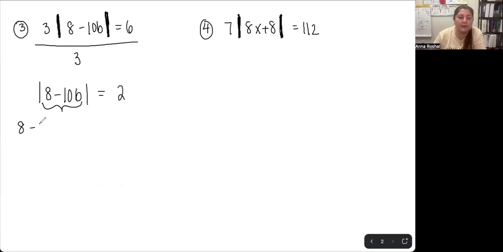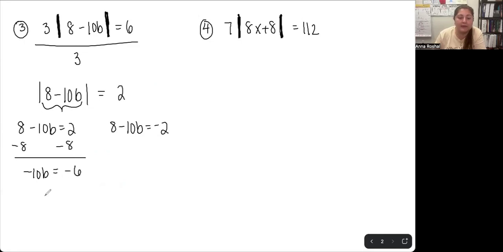Then I'm going to end up with 8 minus 10b equals 2 and 8 minus 10b equals -2. Subtract 8 from both sides. Simplify everything, so this will be -6. Divide everything by -10. B is going to be equal to, actually positive because they're both negative, 3/5.